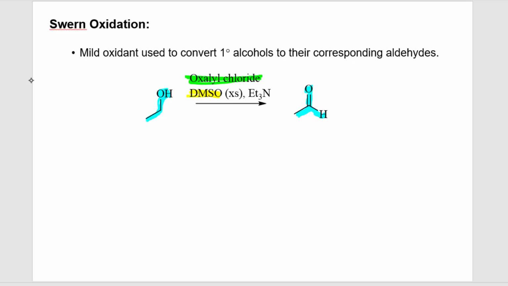What happens first? Well, the most common way to do these reactions is using oxalyl chloride, DMSO in excess, and some triethylamine. So the first thing we're going to do is activate the DMSO with oxalyl chloride. This is what oxalyl chloride looks like.